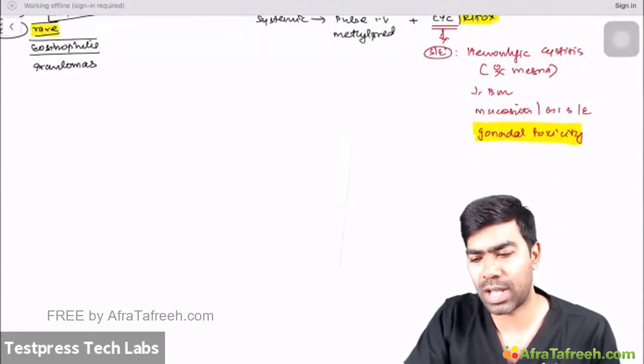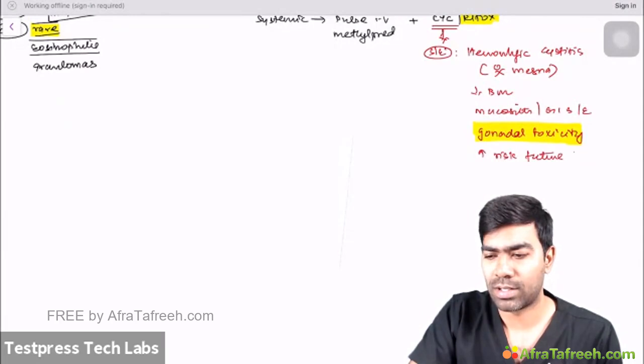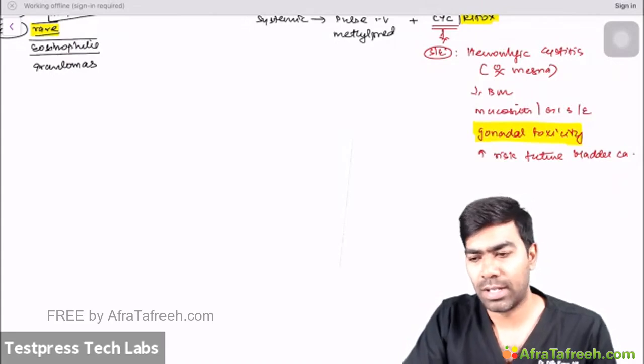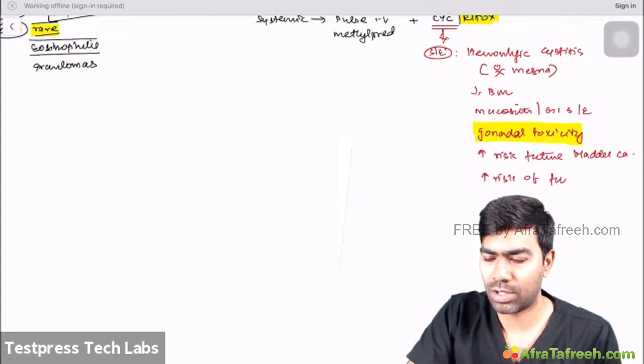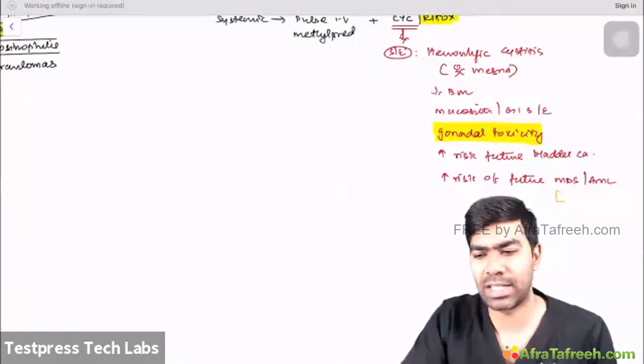And apart from that, I have an increased risk of future bladder cancer. One of the important risk factors for getting bladder cancer in the future is usage of cyclophosphamide in the past. And I also have increased risk of future MDS and AML, myelodysplastic syndrome and acute myeloid leukemia. Remember, usually this MDS and AML happens in the setting of prior alkylating agent use.